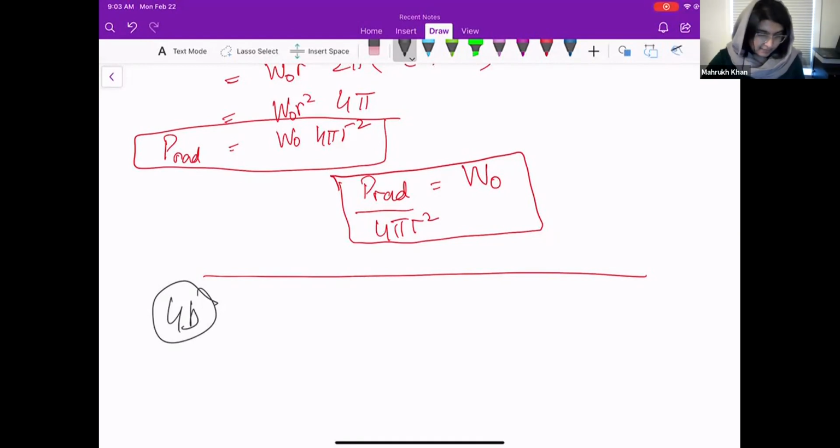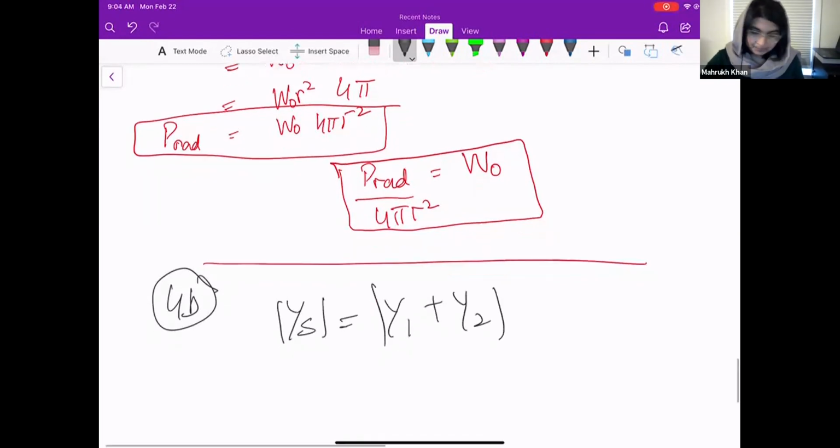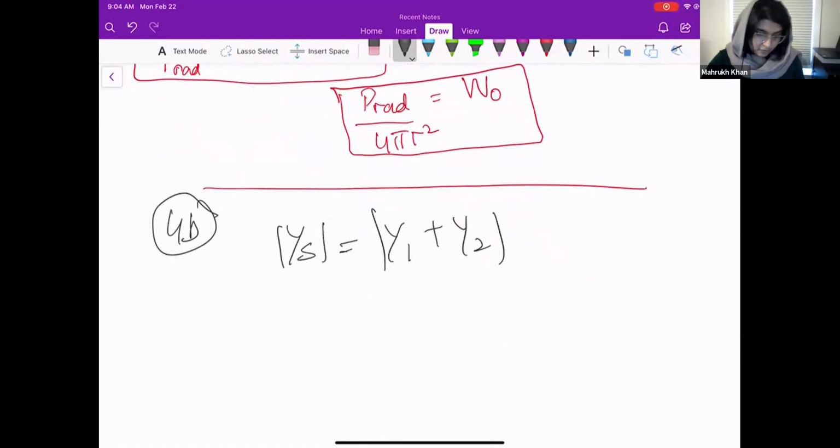What they have given is that if you do this, it will be maximum. And when the waves are interfering constructively, you will just add them.